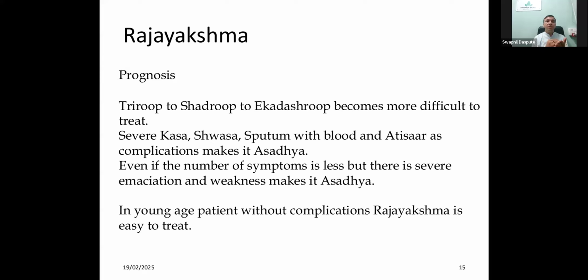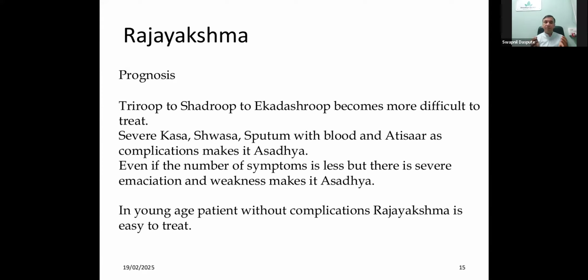What is the function? Dhatus will hold the body structures and systems together. So when there is severe depletion of dhatus, quantitatively, qualitatively, functionally, in Rajakshma, the mala, purisha, especially purisha, holding the purisha is one important part of the line of treatment. Why?